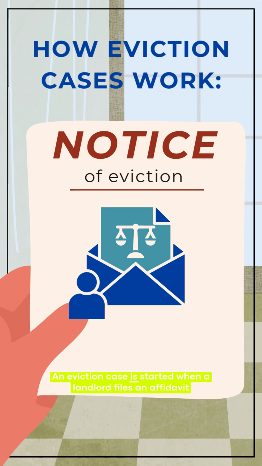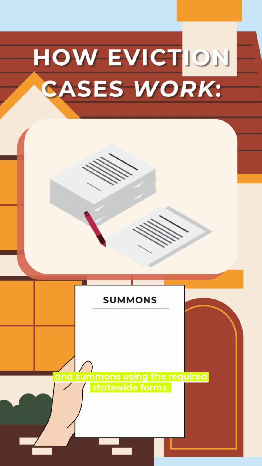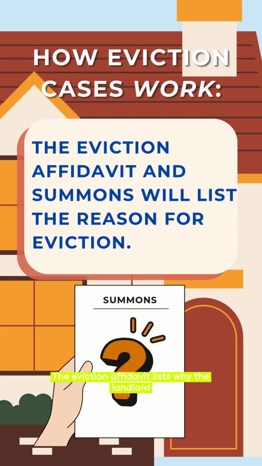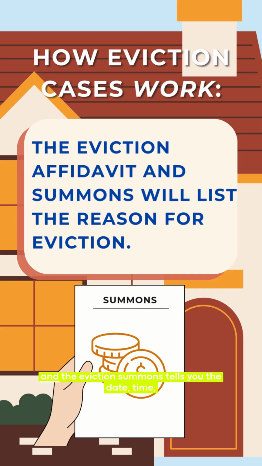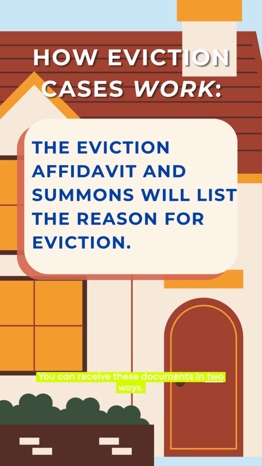An eviction case is started when a landlord files an affidavit and summons using the required statewide forms. The eviction affidavit lists why the landlord has filed the case and how much you owe, and the eviction summons tells you the date, time, and place of your hearing. You can receive these documents in two ways.